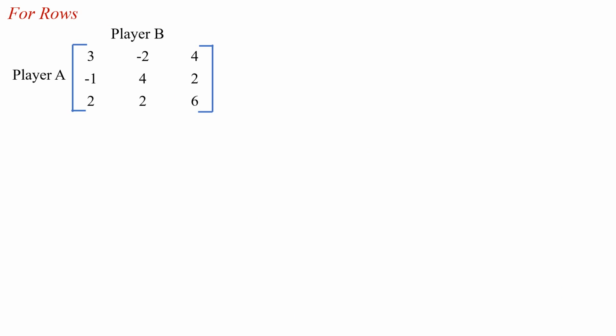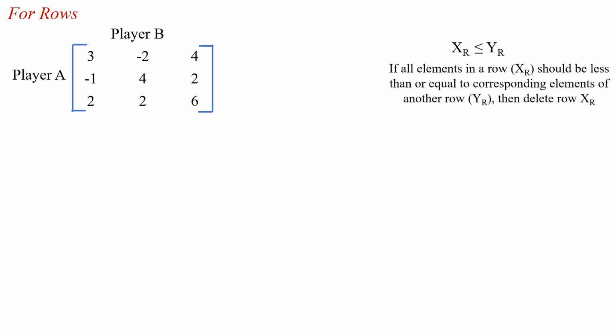First, apply the dominance rules for the rows. We know that if all the elements in a row, that is XR, are less than or equal to the corresponding elements of any other row, that is YR, then we delete the row XR. So first we determine the summation of all the elements in each row and write it as the row total.